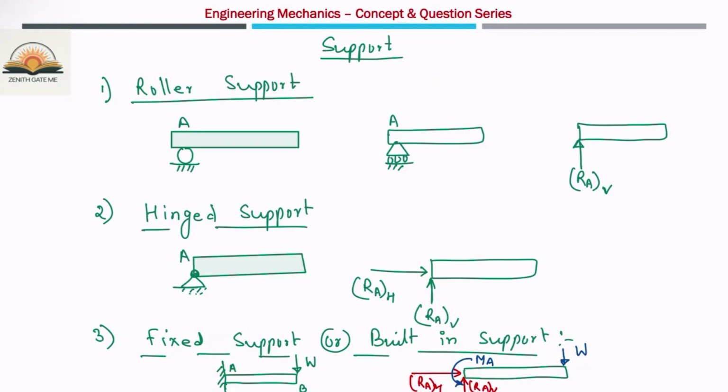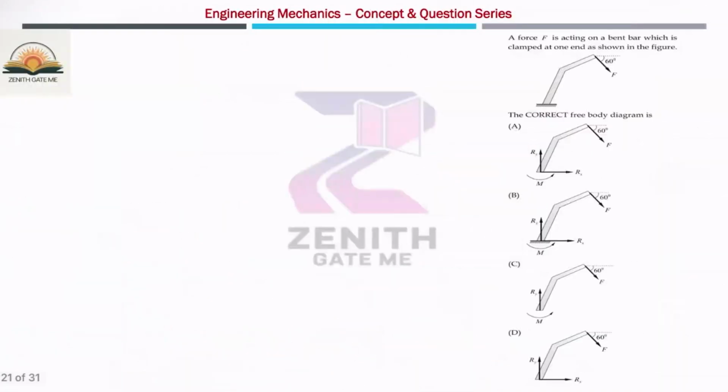Okay. Now, based on the free body diagram, one question was asked in the GATE exam, which is nothing but this one. Force F is acting on a bent bar, which is clamped at one end. Okay, so there will be a fixed joint as shown in the figure. You have to identify, out of these four options, which one will be the correct free body diagram.